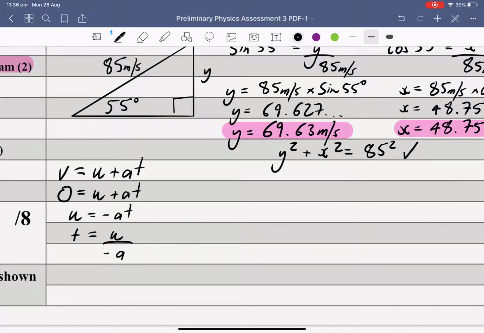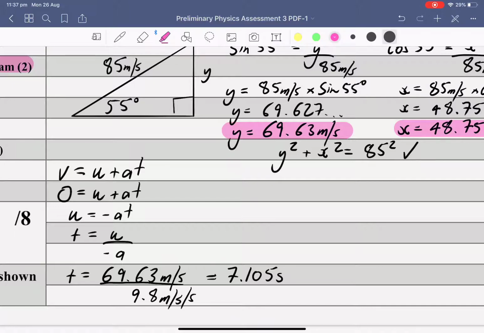negative a. Putting some values in here, we get t equals, well, our initial velocity in the y was 69.63 meters per second, all over negative 9.8, which just becomes 9.8 meters per second squared. Putting 69.63 divided by 9.8 in our calculator, we get 7.105 seconds.